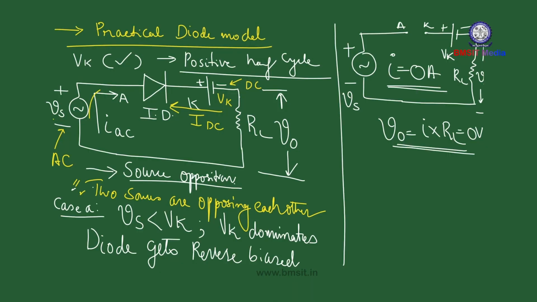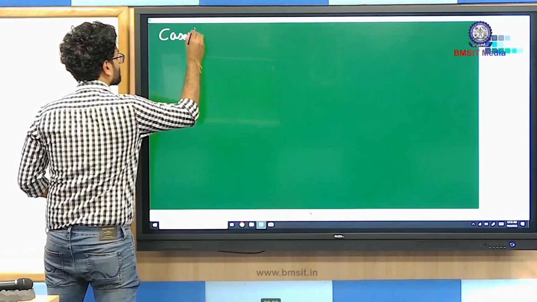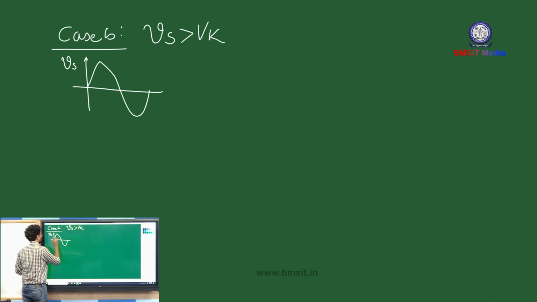Now let us take the situation which we can consider as case B. What if the input voltage Vs is greater than Vk? As I was mentioning, your input voltage is a sinusoidal signal, right? So it can assume 0 volt value, it can assume even small values such as 0.1 volt, and it can also assume the unique plus Vm value as well.